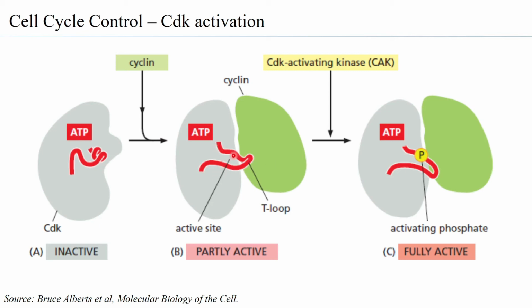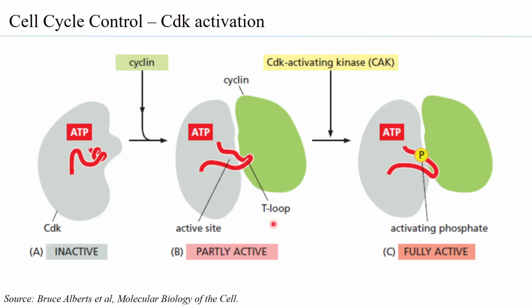This that is formed is what is called the T loop. Why is this called a T loop? Because a particular threonine amino acid which was hidden when it was present in this form is now exposed. So what has happened is that the cyclin on binding to the CDK, it is active but not completely so. It is only partially active.